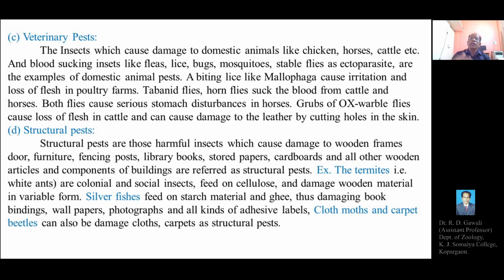So these are the different types of structural pests: termites, silverfish, cloth moths, and carpet beetles, which infest, feed on and damage a variety of materials in the houses, causing loss of human possessions or properties.